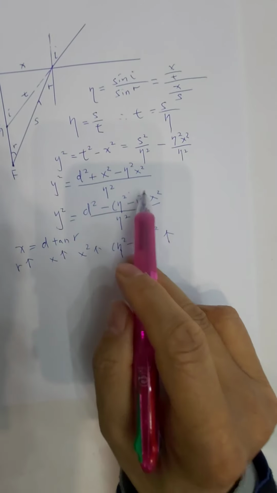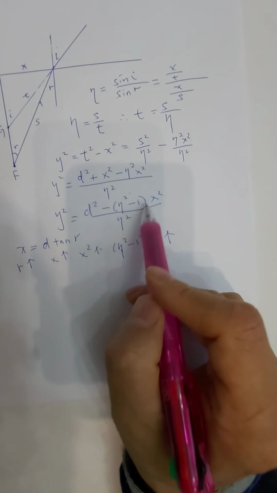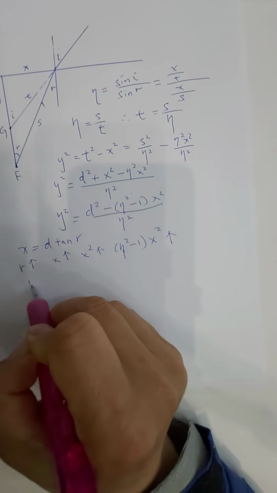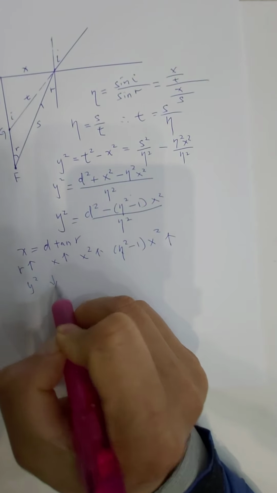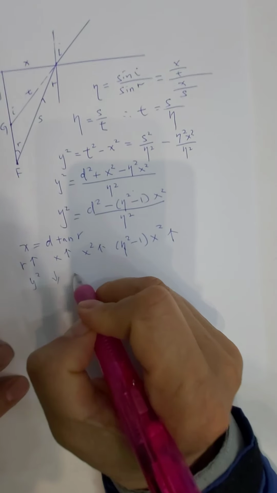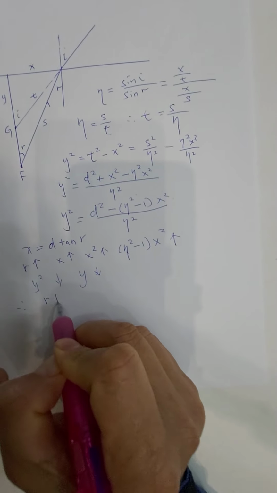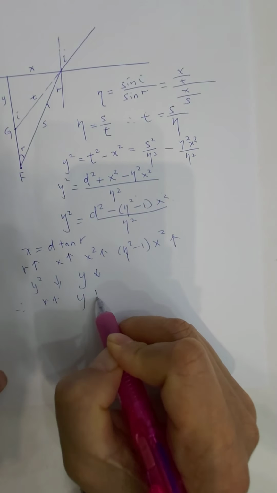So as a result for this fraction, this is constant, this is constant. This increases. So the whole fraction, which is y square, decreases. Minus something more. As a result, y decreases. So we've established the relationship. So when r increases, y decreases.